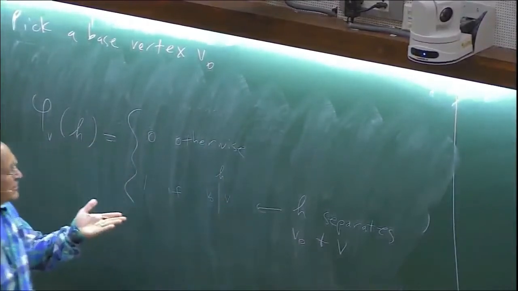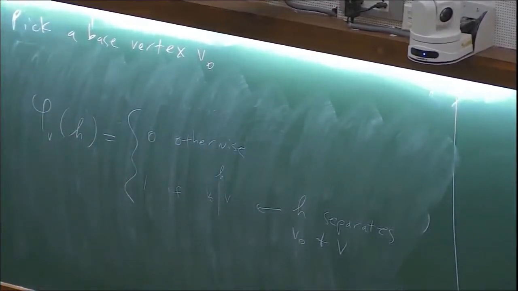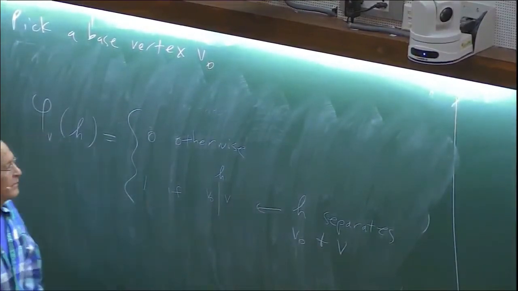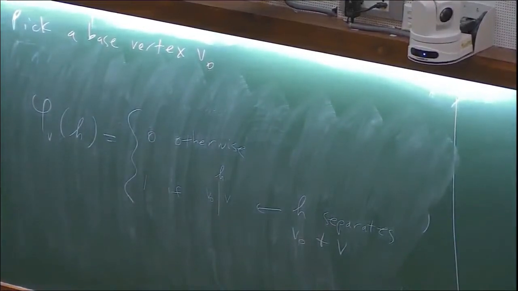So this is just a sequence of ones and zeros. We'll have finitely many ones because there are only finitely many hyperplanes separating any 2 points.